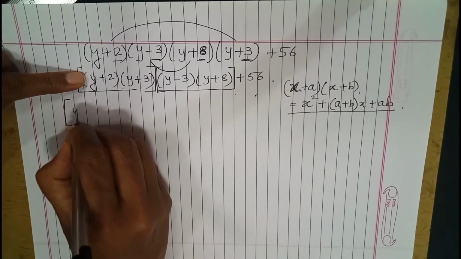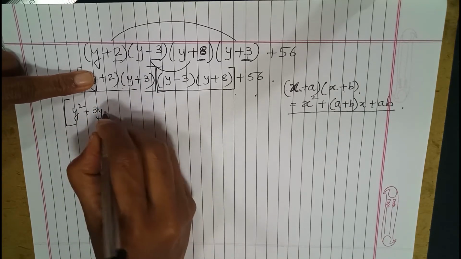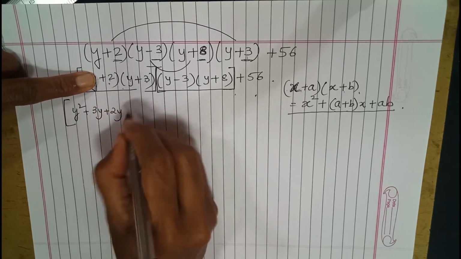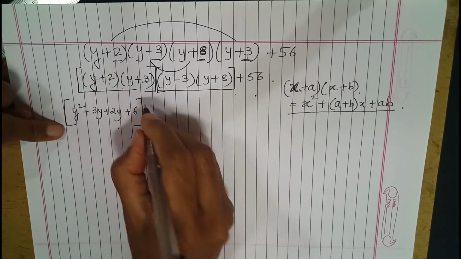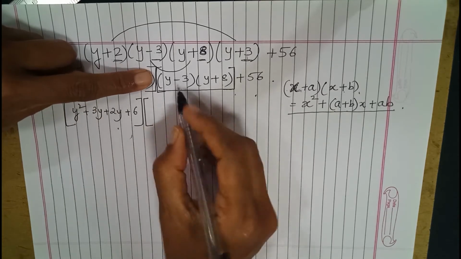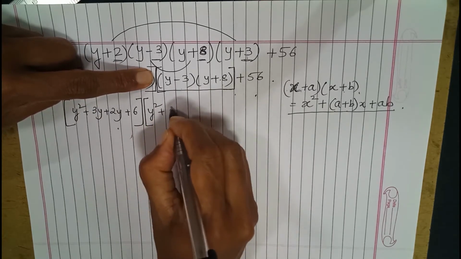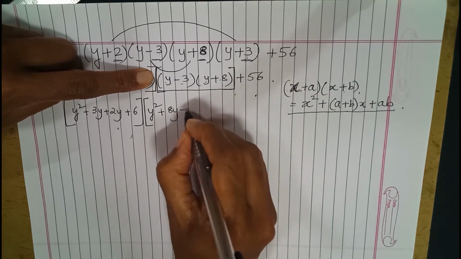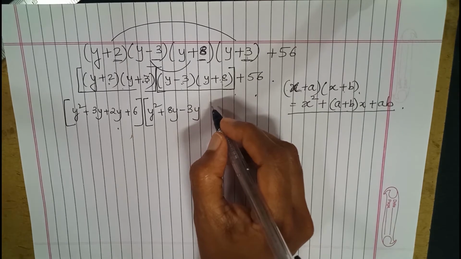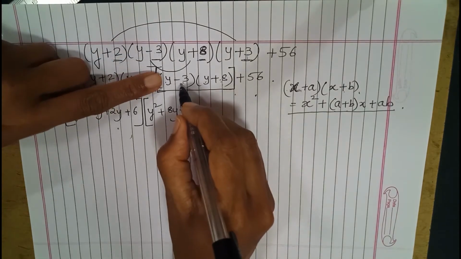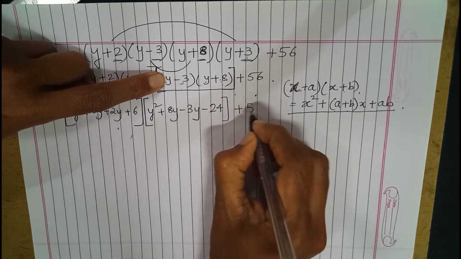y into y is y square, y into 3 is 3y, 2 into y is 2y and 2 into 3 is 6. So I have multiplied these two brackets to get my first answer. Now similarly we do this. y into y is y square, y into 8 is 8y, minus 3 into y is minus 3y, minus 3 into 8 is minus 24, plus 56.